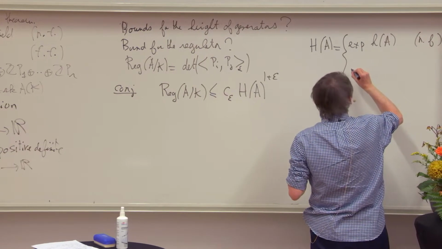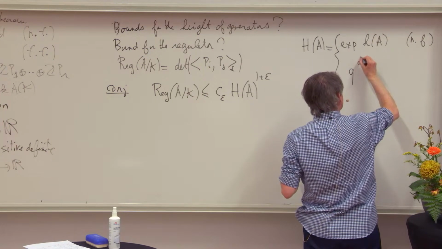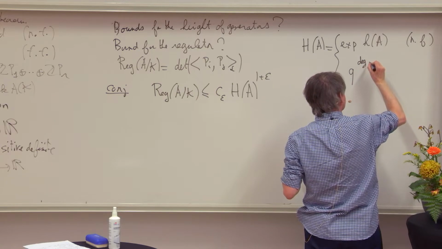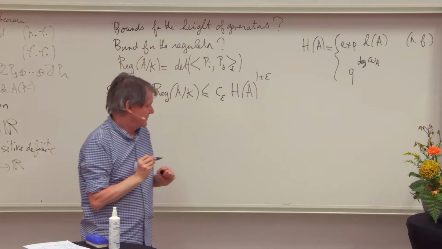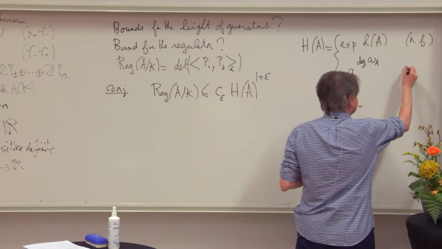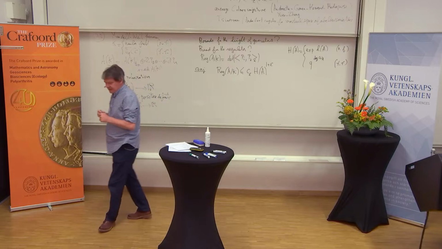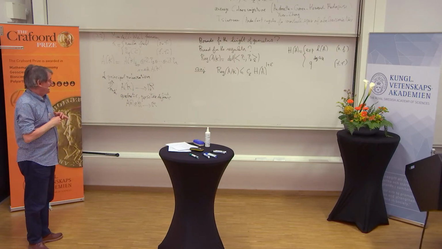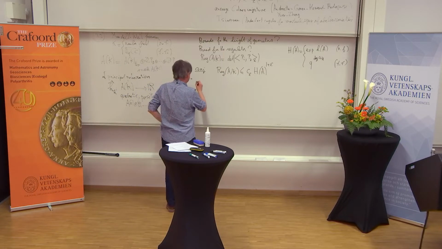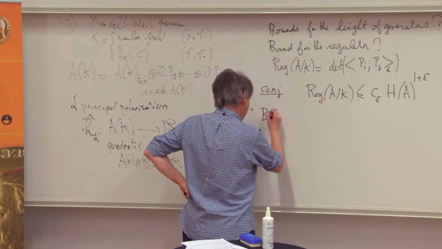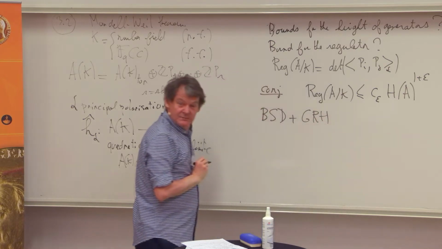And in the function field case, I will take Q to the power of what would be the Faltings height, the degree of the sheaf of relative differentials. That's the function field case. And the theorem, if you want, I will explain, is that BSD plus GRH implies this statement.